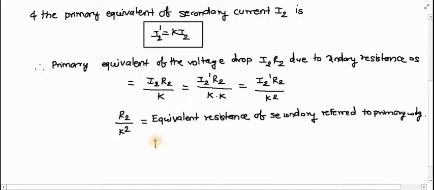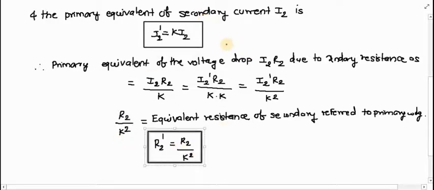If I am transferring R2 to the primary side, it becomes R2 dash, which equals R2 by K square. Let us call this equation number 3.